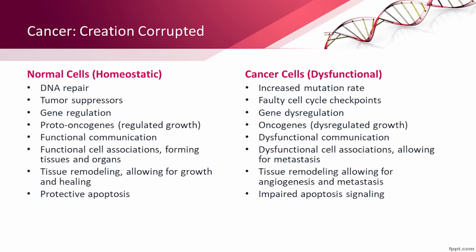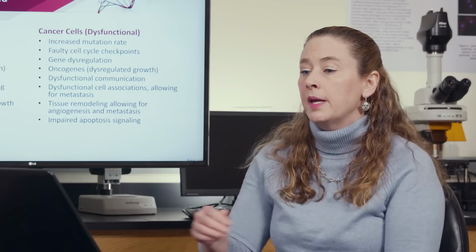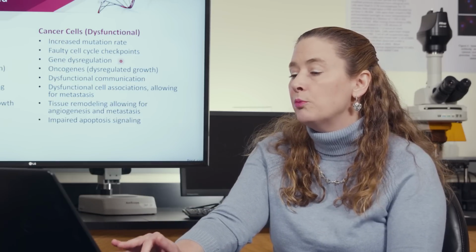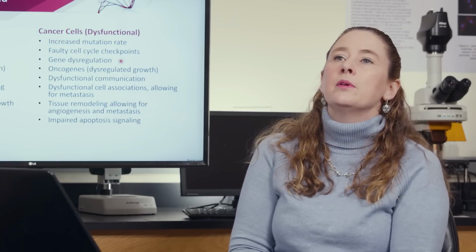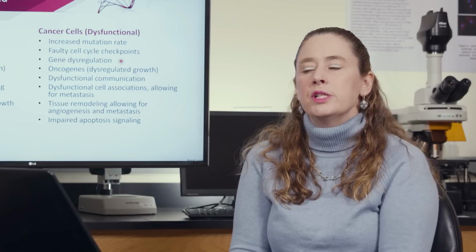Normal cells have proper gene regulation. So genes are being turned off when they should be, on when they should be, and then regulated up or down in response to signals, just the way that God intended in order to bring about wellness for the cell and the organism. In cancer cells, gene regulation is often drastically reduced.